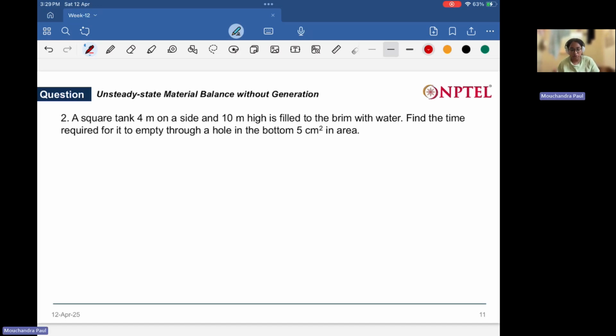In this question, here also we have to do a material balance, unsteady material balance with no chemical reaction.